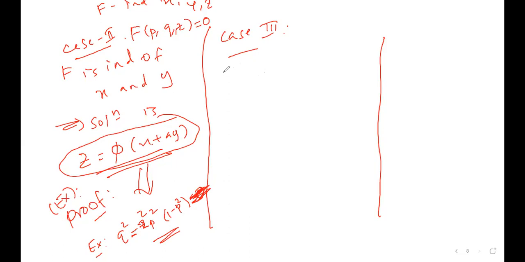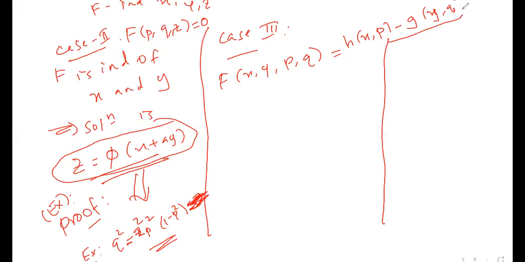Case 3: the function of x, y, as well as p and q. It will be in the form f(x, p) equals g(y, q), in this format. So the solution will be z equal to the integral of phi of x dx plus the integral of chi of y dy.